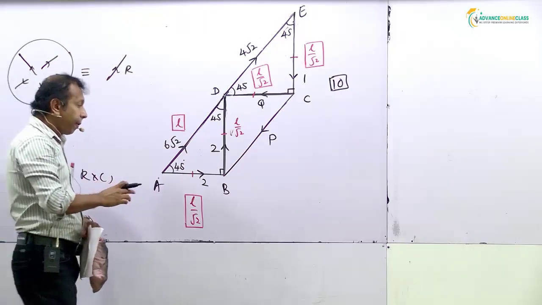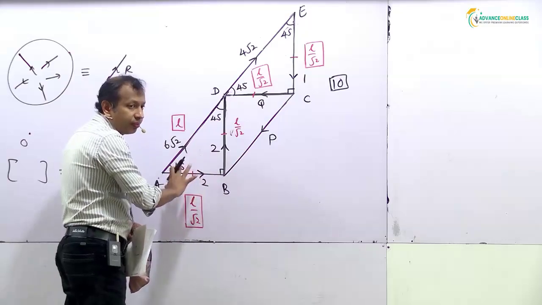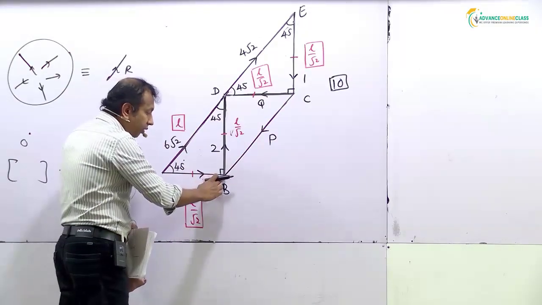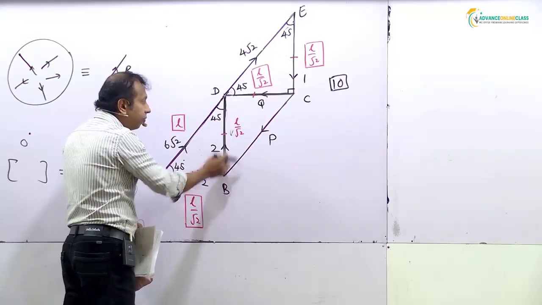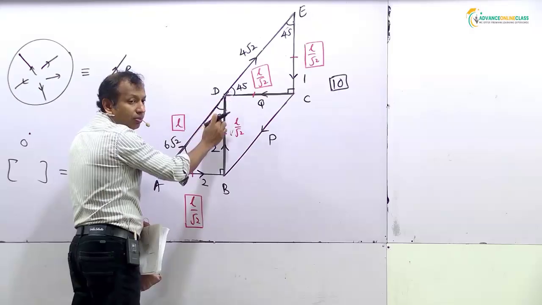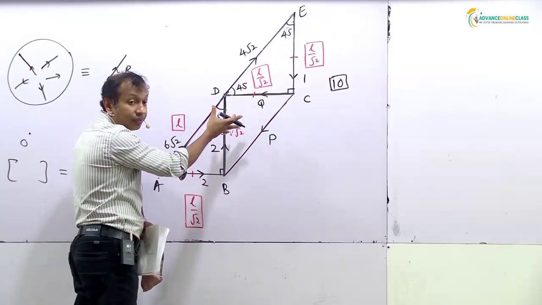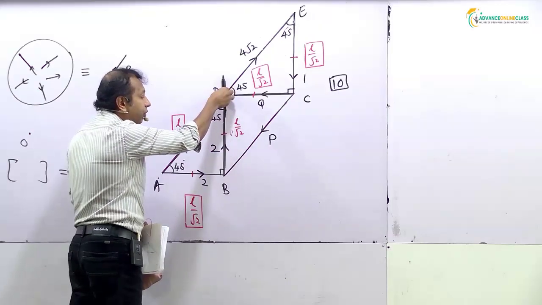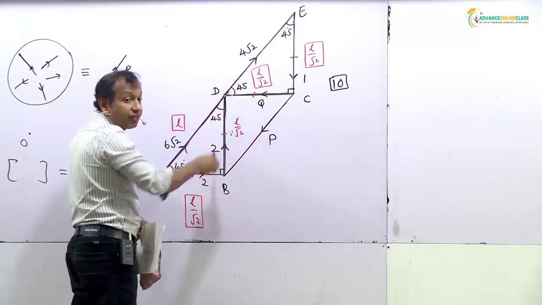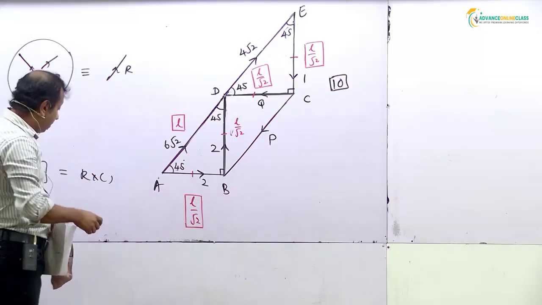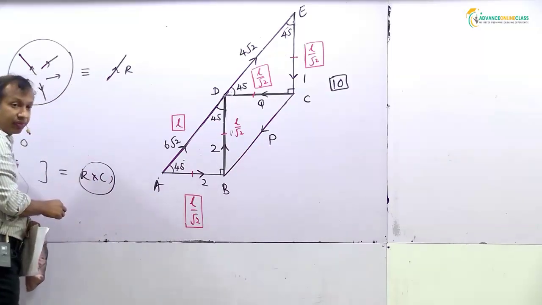Now, here also the same result we can apply. Resultant force acts along BD. When you take moment around D, the moment of the resultant is 0, no? Since the resultant passes through point D, R doesn't give any moment.